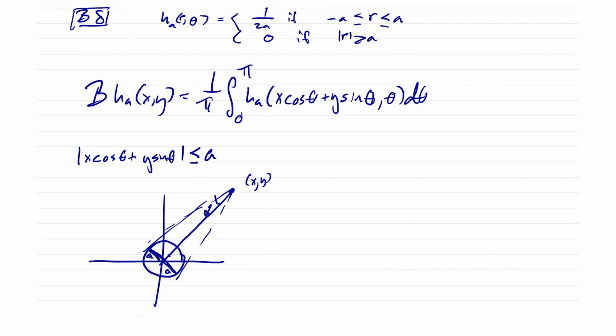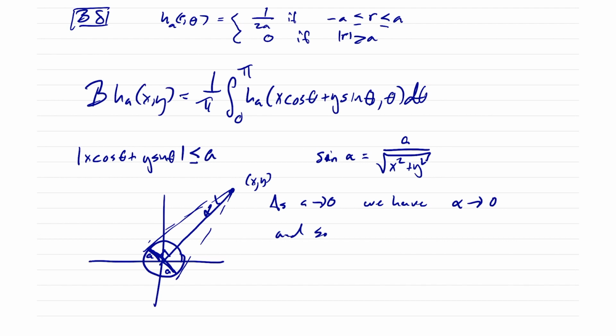Using a little bit of trigonometry, the angles that end up working for us are those that satisfy sine of alpha equals a over the square root of x squared plus y squared. Now, as a goes to 0, we have alpha going to 0, and so sine of alpha is approximately equal to alpha.